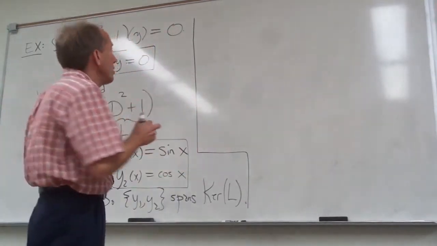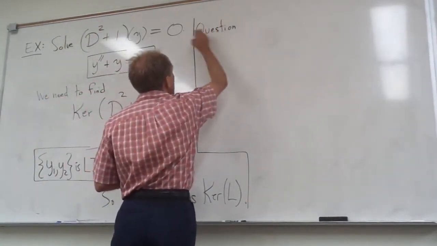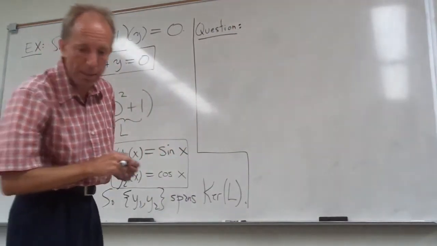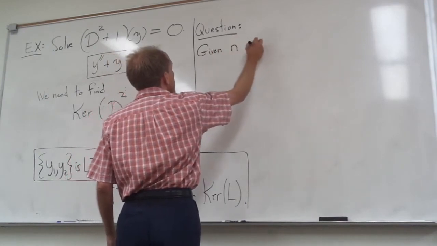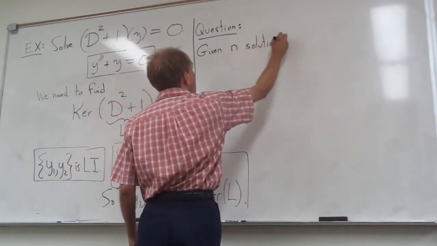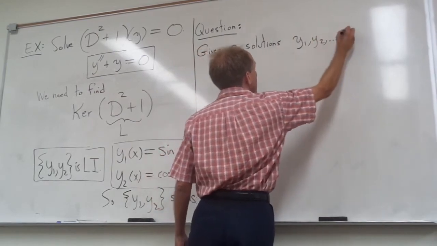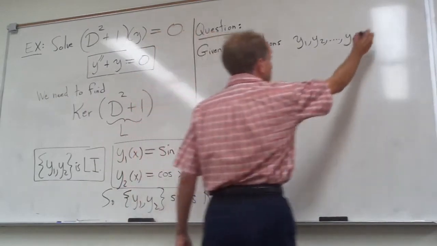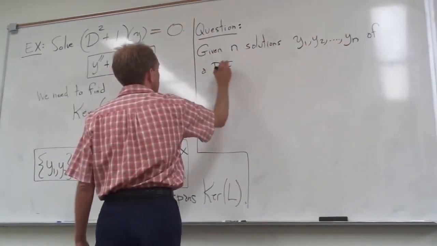But a question that you might have in a more complicated problem or a higher order differential equation might be something like this. Given n solutions, let's call them y1, y2, dot, dot, dot, yn. Suppose I have n solutions of a differential equation.